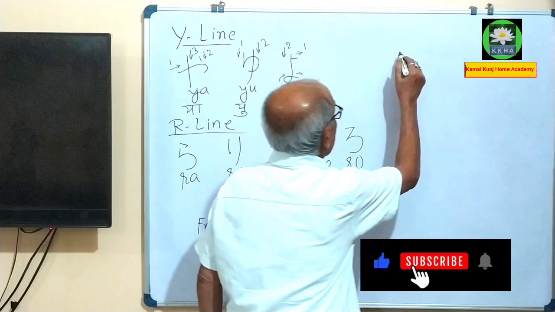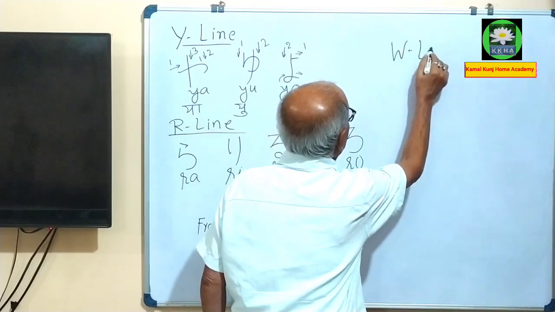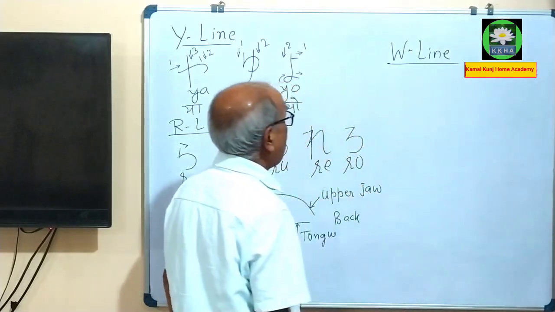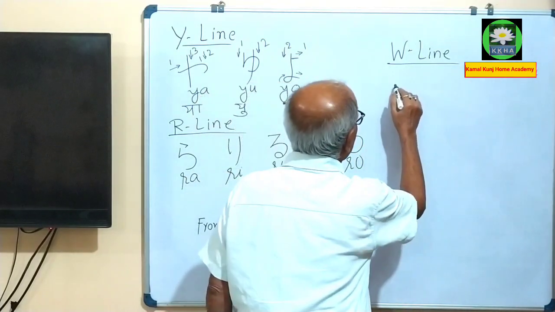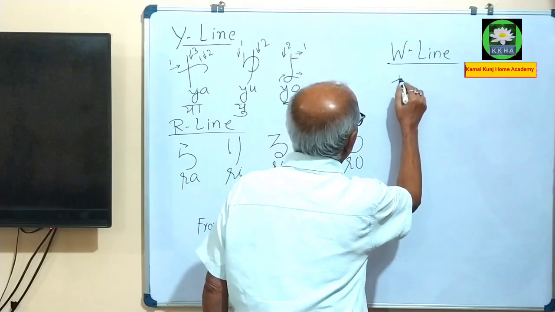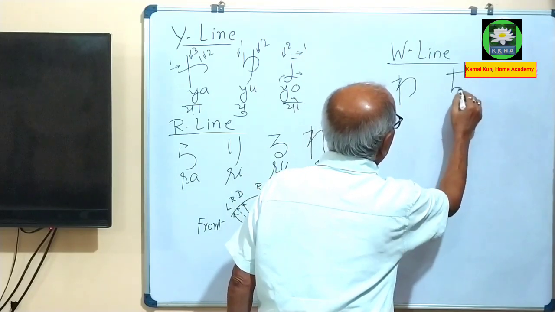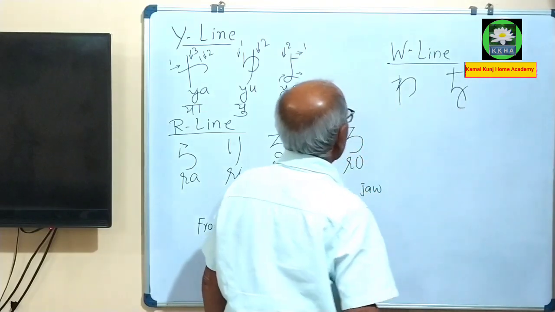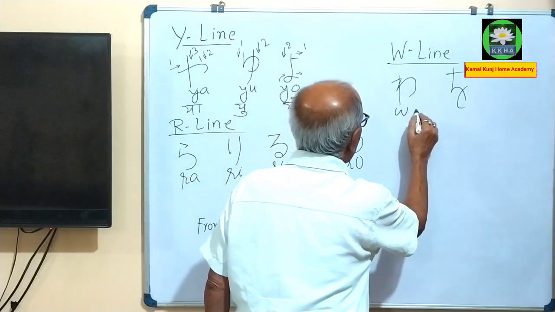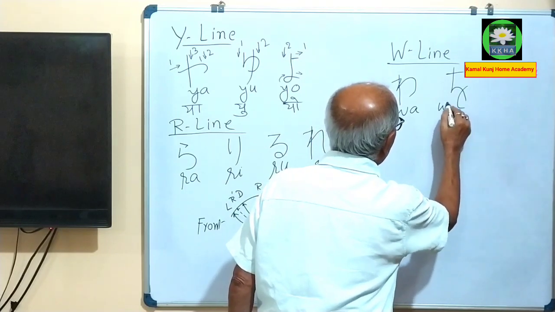Now W-line Hiragana. This is pronounced as Wa and Wo.